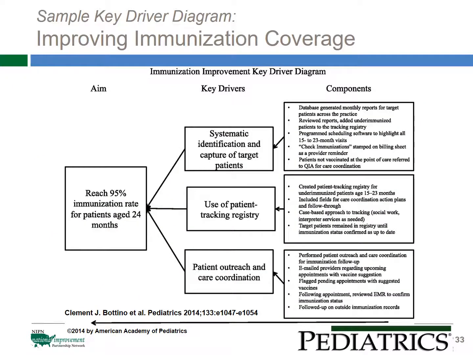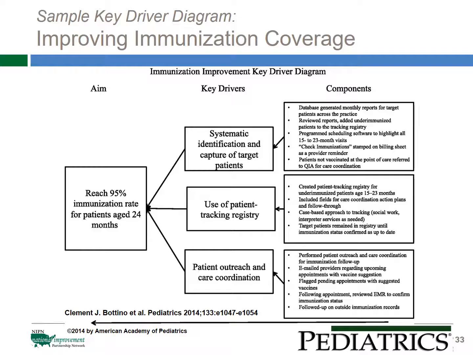So here's a sample key driver diagram. This is from a 2014 Pediatrics article, and this is about improving immunizations. So the aim in this key driver diagram is to reach a 95% immunization rate for patients aged 24 months.